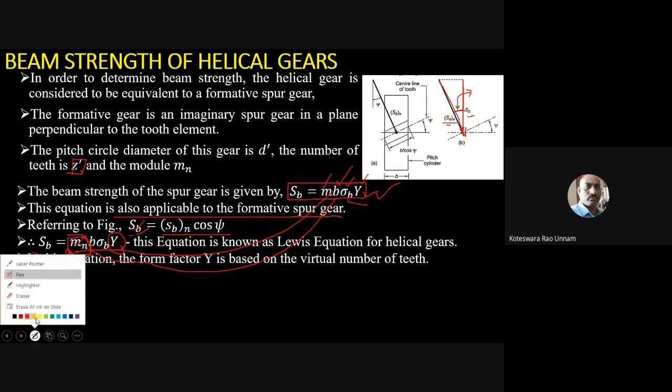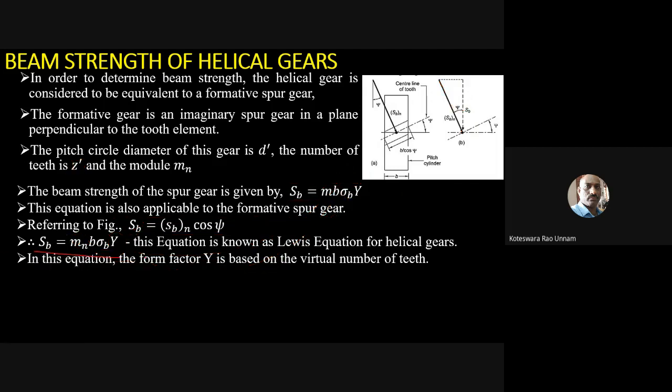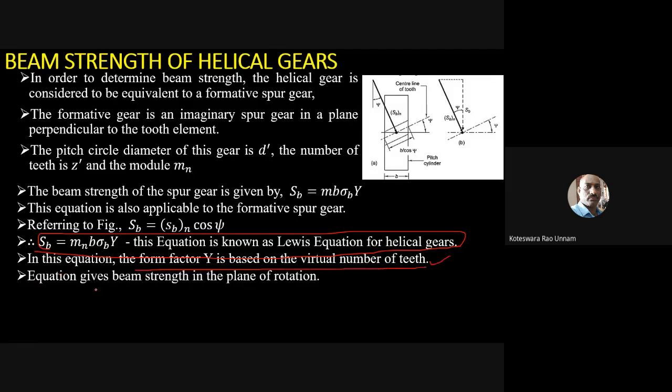Therefore, this is the equation which you can call the Lewis equation for helical gear, the beam strength of a helical gear. In this equation, the form factor Y is based on the virtual number of teeth. Like I mentioned, this equation gives the beam strength in the plane of rotation. This is the important point. So this is the beam strength in the plane of rotation, not along the pitch line.